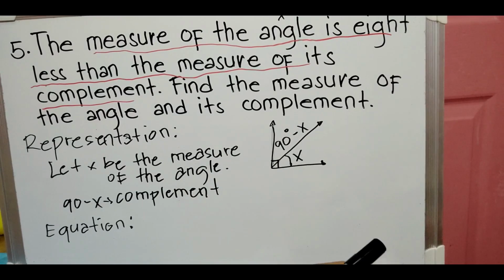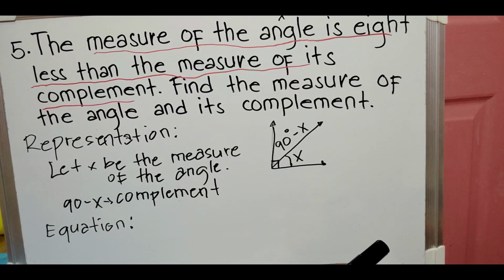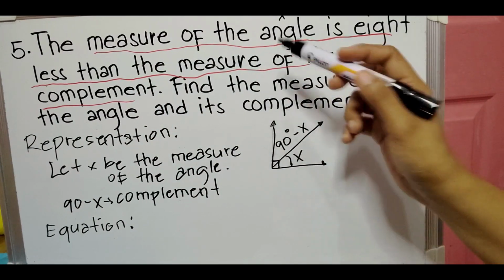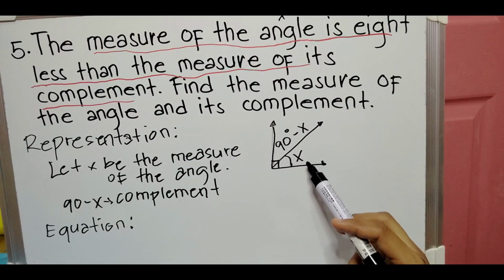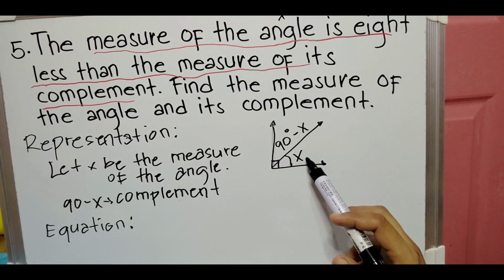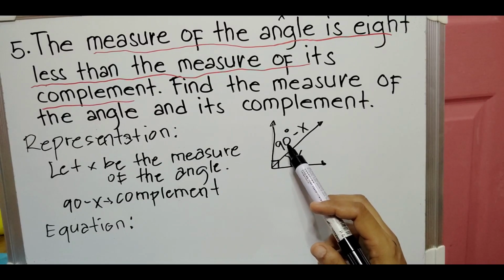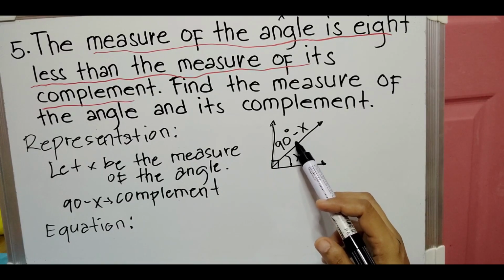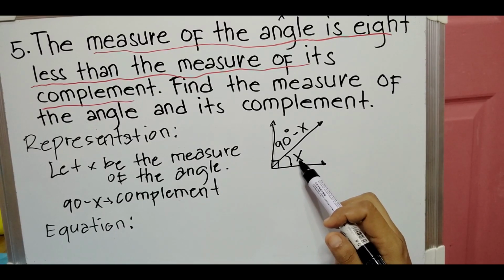And to make the equation, we'll base the equation on this statement. Let's analyze the given statement. The measure of the angle, this x, is 8 less than its complement. So this is lesser by 8.